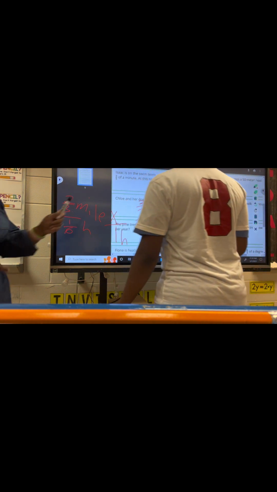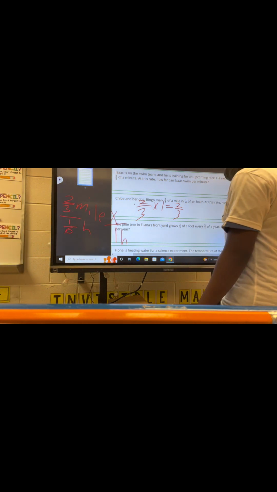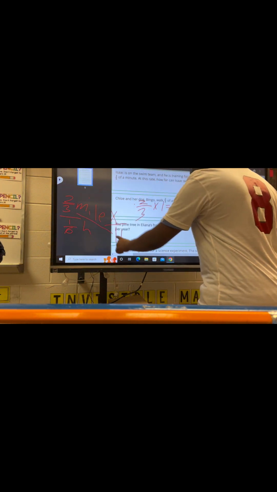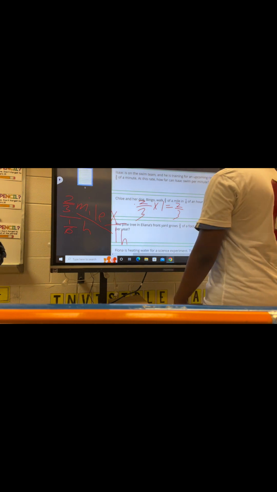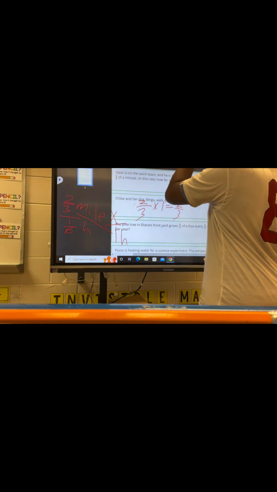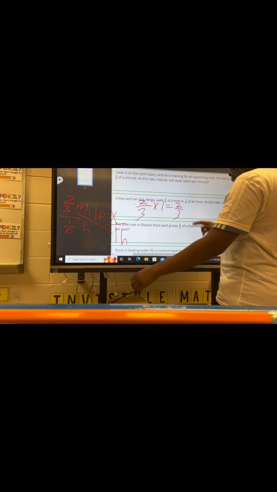So explain, stop right there. Explain to them what you just did with the 2/3 times 1 equals 2/3. Or cross multiplied. Okay, you cross multiplied. 2/3 times 1.